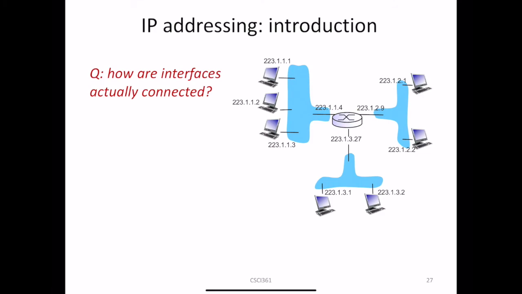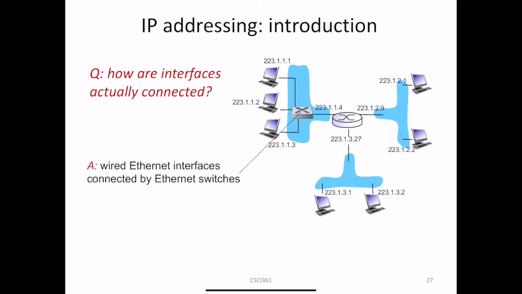However, what kind of devices can we use to connect multiple devices together to constitute a network? Actually, the answer is, one is we can use switches to connect multiple devices or Ethernet interfaces together to form a network.